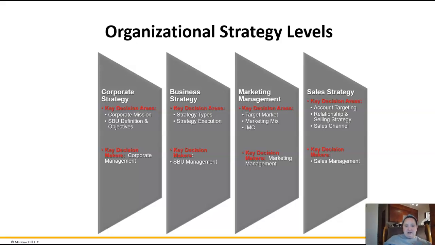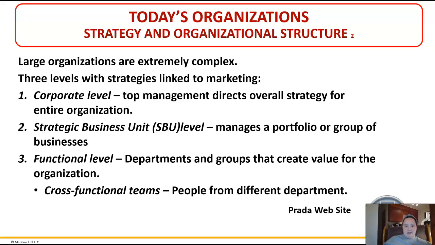Then from there, and sorry to go back, you have the functional level. So it's different departments and groups that are creating this value for the organization. So within that, you're going to have cross-functional teams, so teams from different departments.